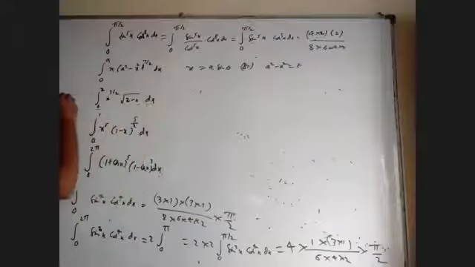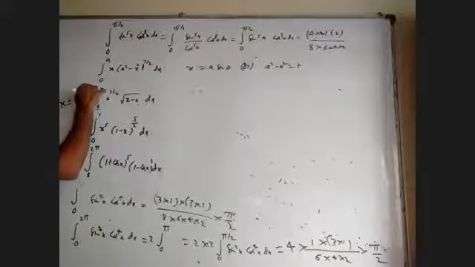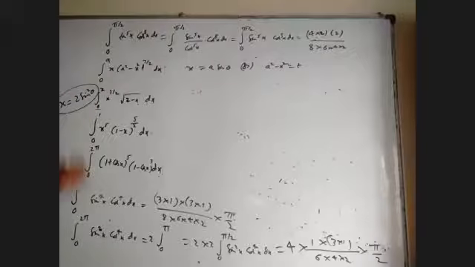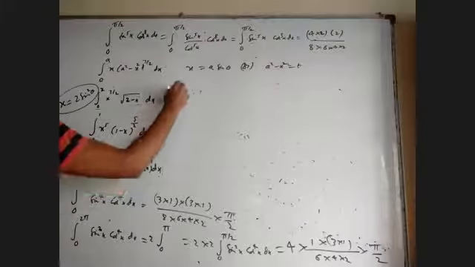Here, in this one, what should I take x as? I should take x as 2 sine square theta. Then this will become 0 to pi by 2.